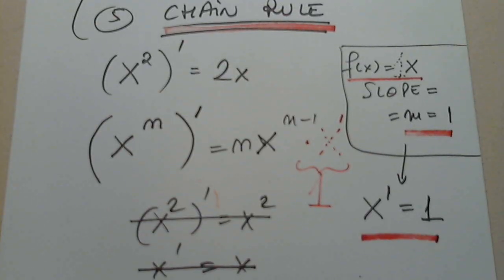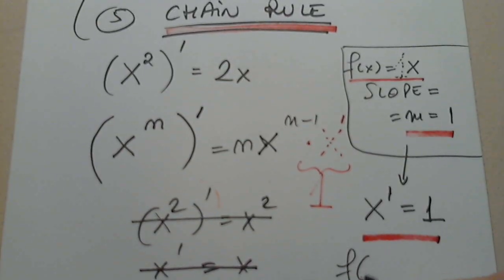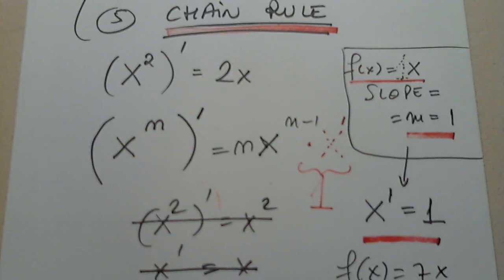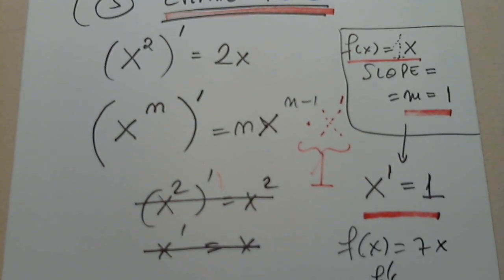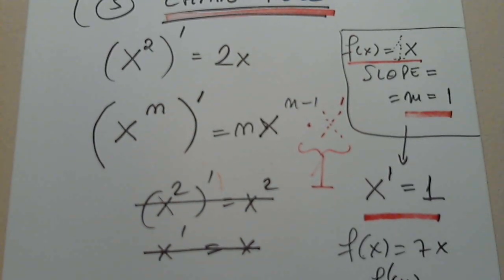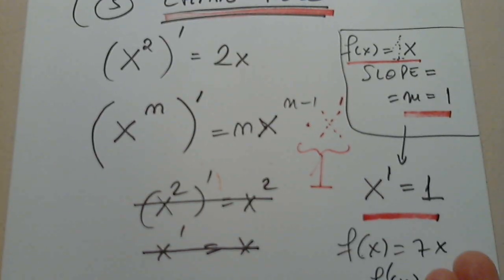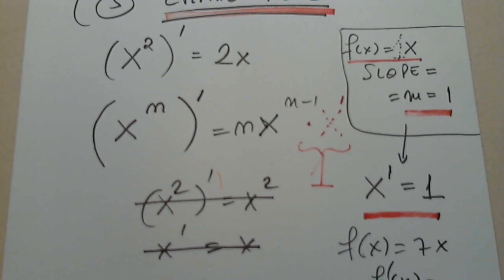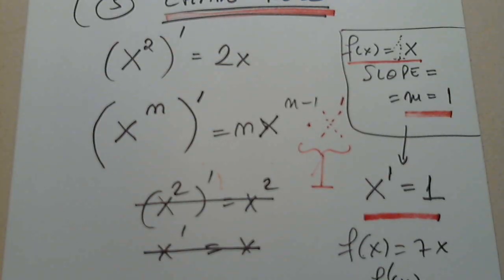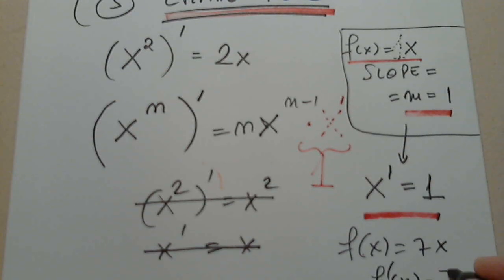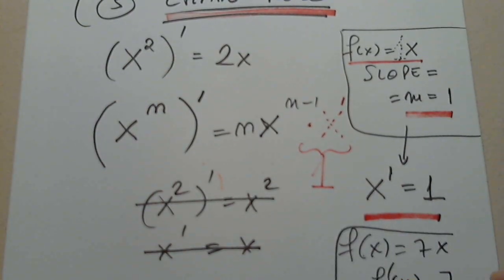What if I ask you now, if I have the function f of x equals 7x, what will be f prime in this case? What will be the slope of 7x? That is f prime. Just 7.